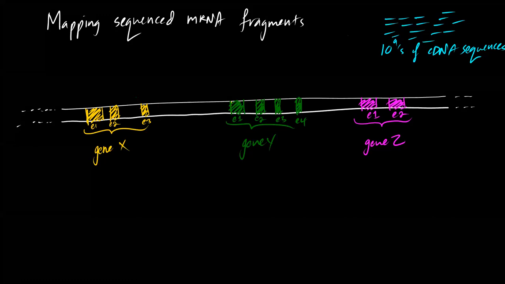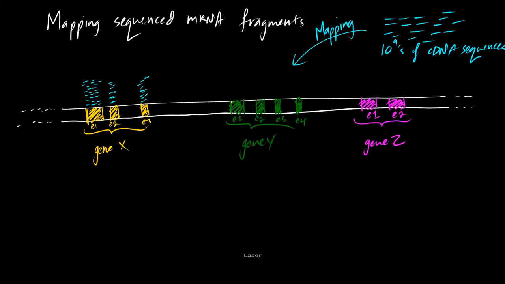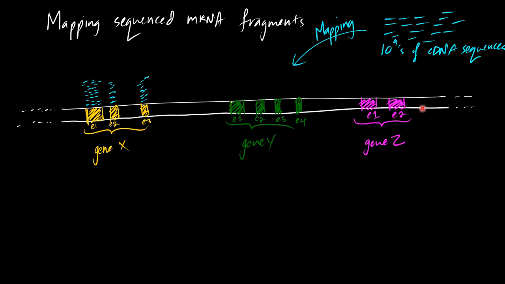So in mapping, what happens is that some of these RNA fragments will map to expressed regions like this. The next step is to do something called mapping, which is used to determine the location of the millions of cDNA sequences with respect to the genome.